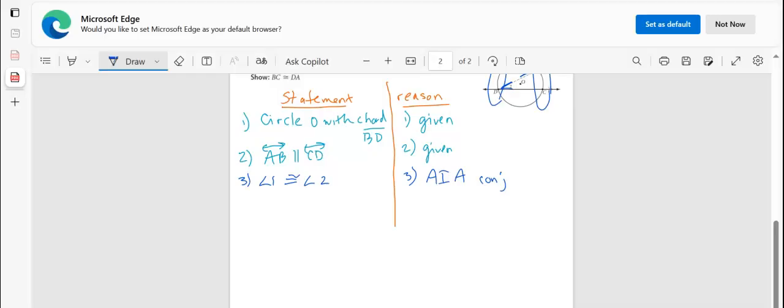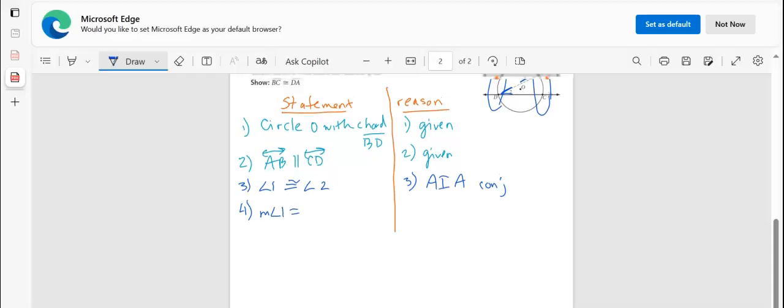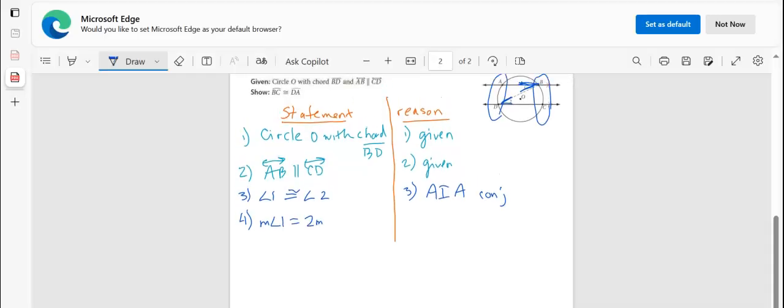We are going to say that the measure of angle 1 equals half the measure of arc AD, and the measure of angle 2 is half the measure of arc BC. And that is our inscribed angle conjecture.